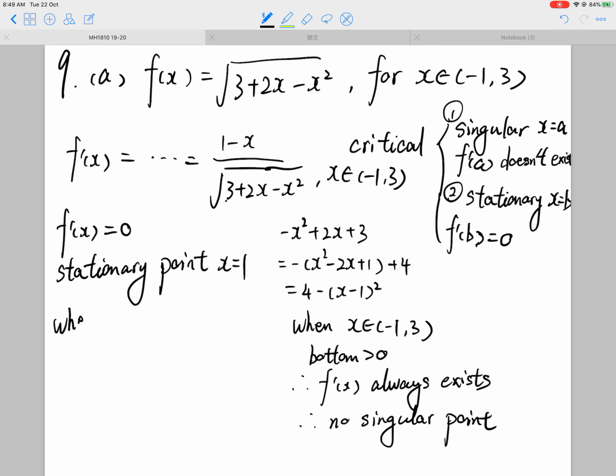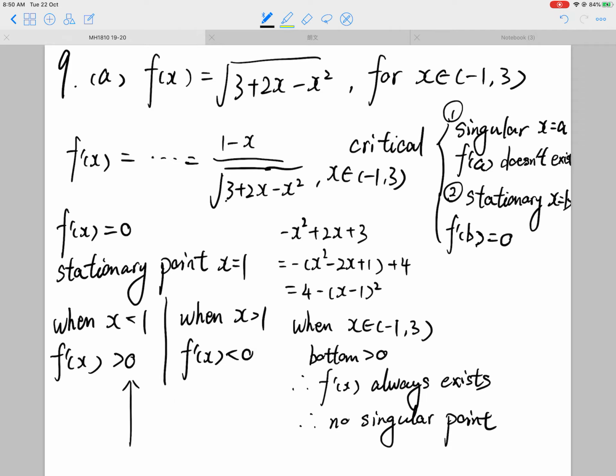When x is smaller than 1, 1 minus x is positive, right? The bottom is always positive, so the derivative is greater than 0. When x is greater than 1, the derivative is smaller than 0, which means when x is smaller than 1, the function is increasing.